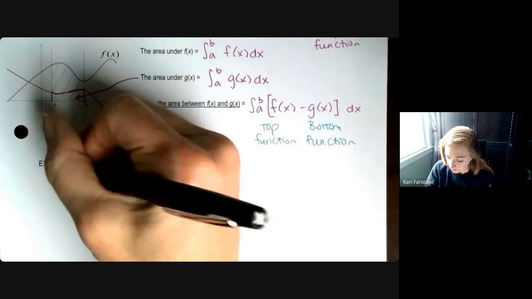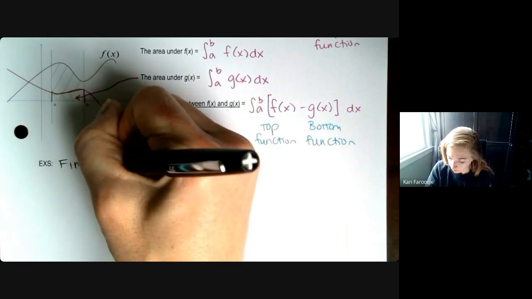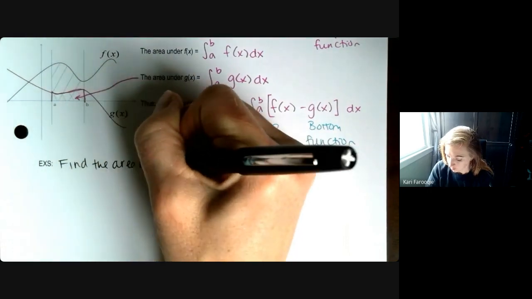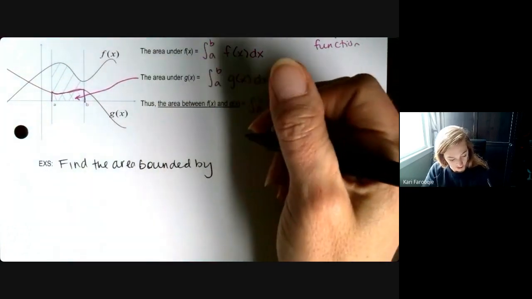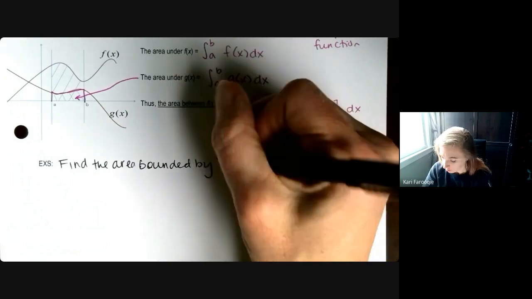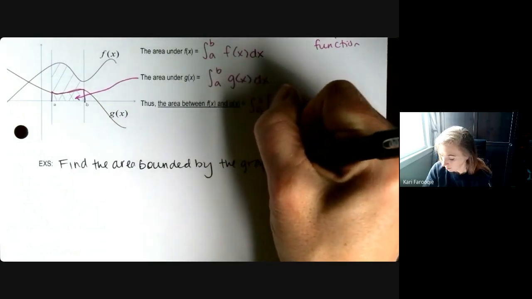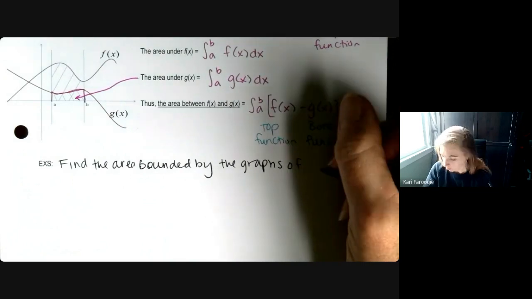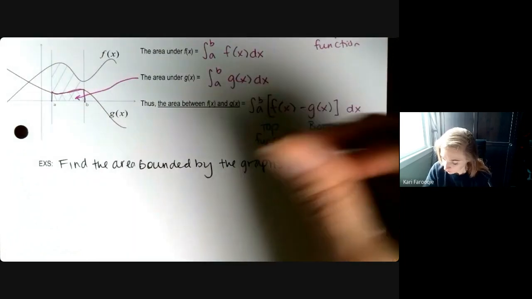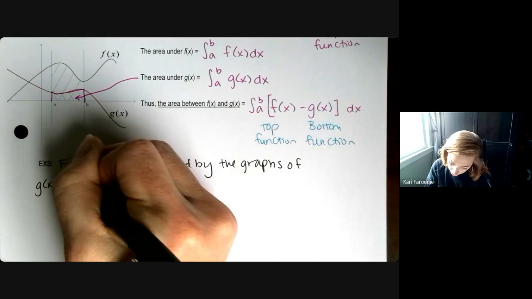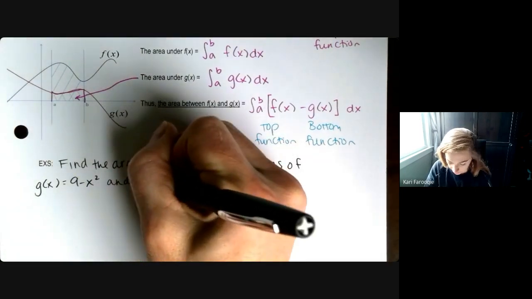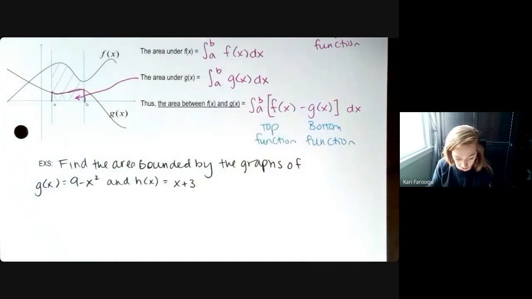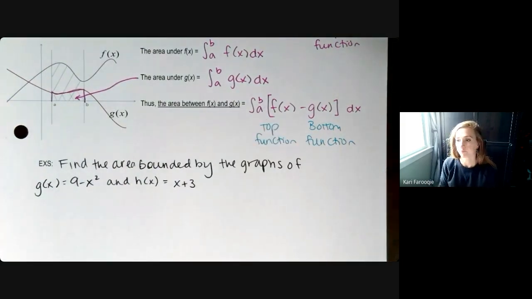Find the area bounded by the graphs of g of x equals 9 minus x squared and h of x is x plus 3.